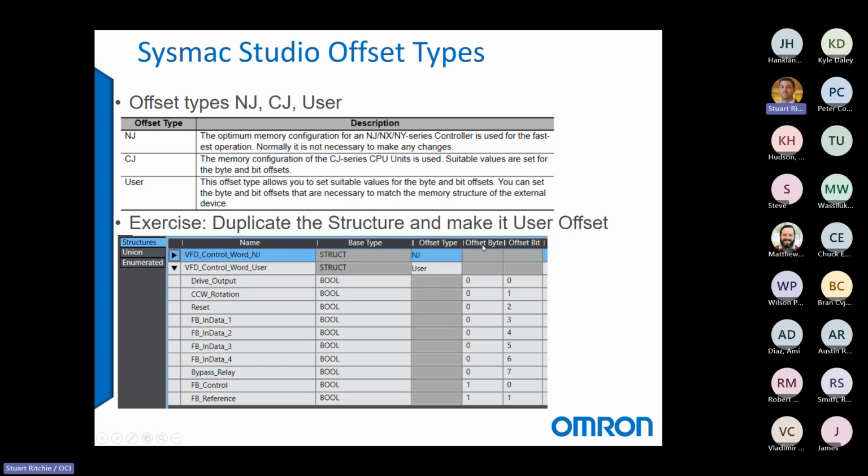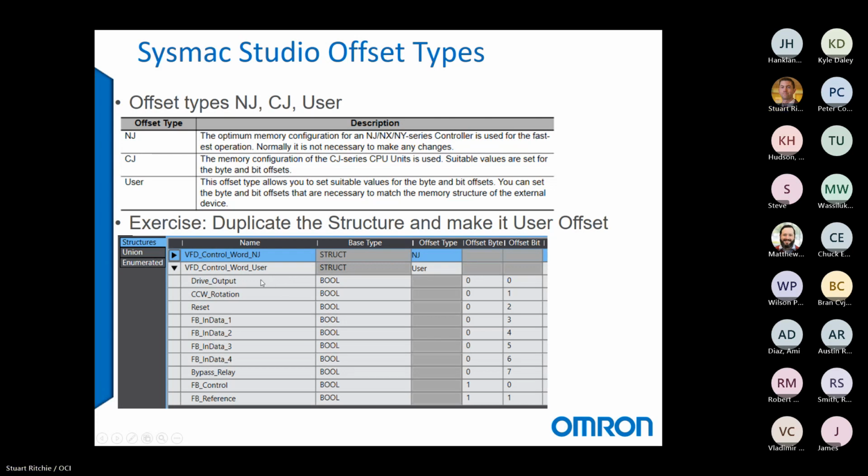So we can tell the PLC when it makes a variable of this structured data type how this data should be spaced out. And we're going to do an exercise at the end of this, and you'll see what kind of effect this will have on the size of the structure. It's going to be probably a bit surprising.